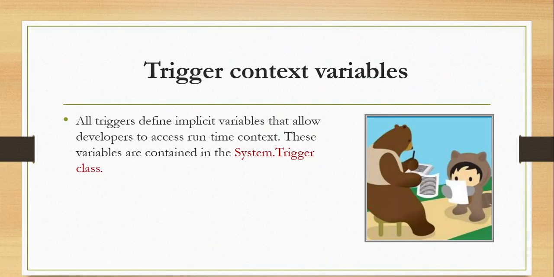What are trigger context variables? All triggers define implicit variables that allow developers to access runtime context.